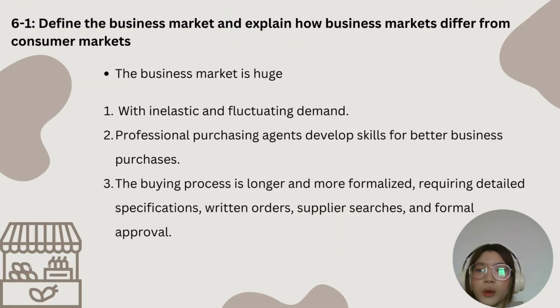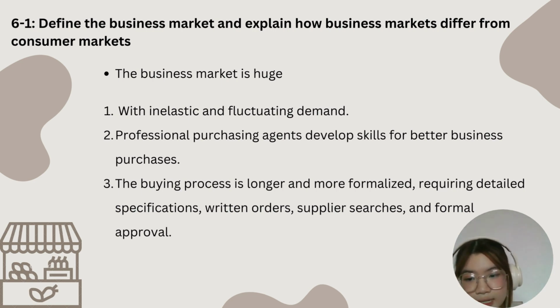So for the first question of chapter 6: define a business market and explain how business markets differ from consumer markets. First, the business market is huge, and in fact, business markets involve far more dollars and items than consumer markets. Even in large business markets, a few buyers often account for most of the purchasing.